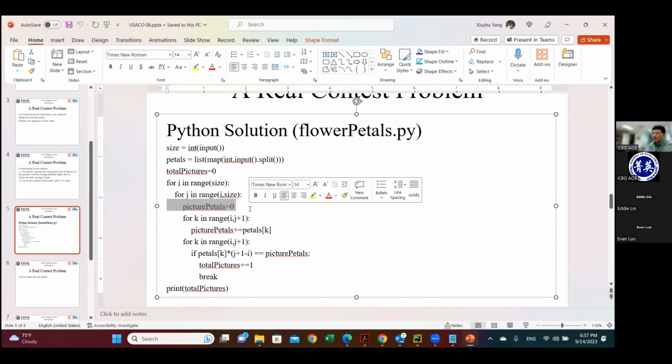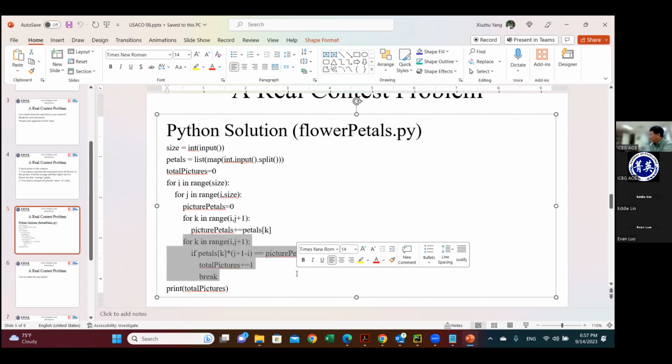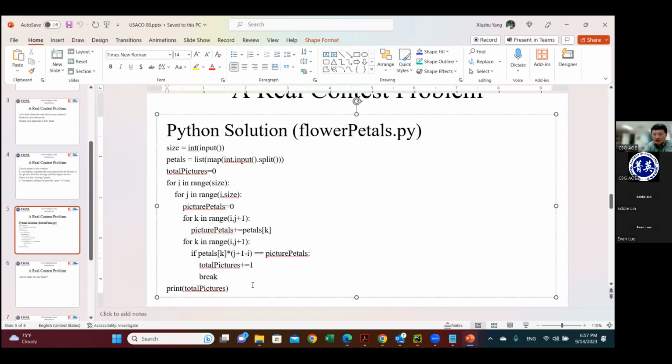And here you're trying to determine if you have an average flower. If you have an average flower, you just add this to the total and you print it out. That will be the output.